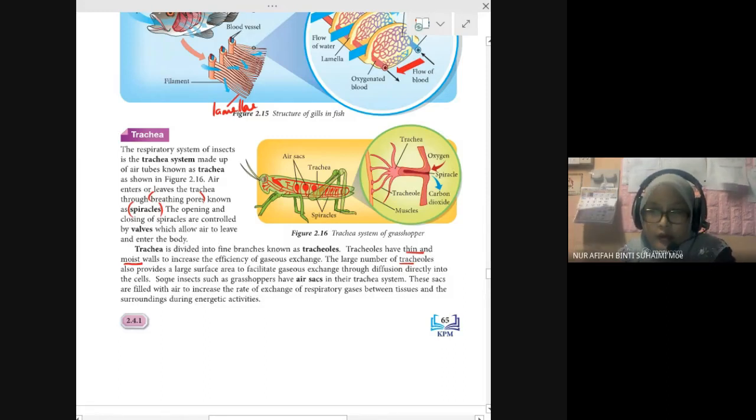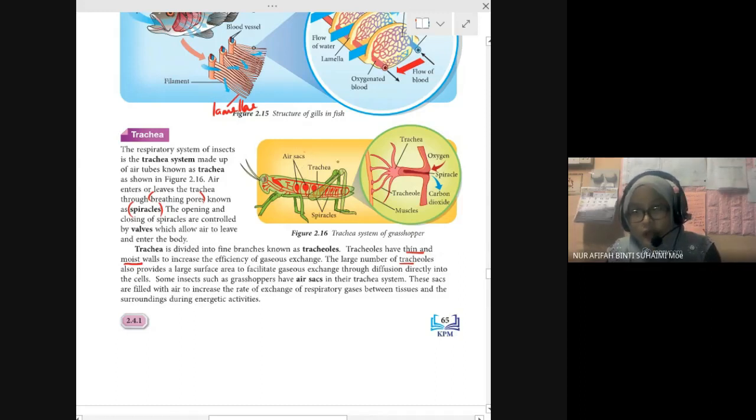Some insects, such as the grasshopper, have air sacs in their trachea system. Filled with air, they increase the rate of exchange of respiratory gas between tissue and surrounding during energetic activities. It means that these air sacs store the gas, store the air.